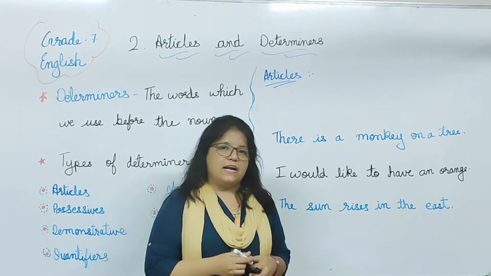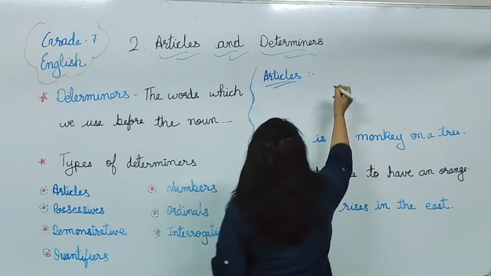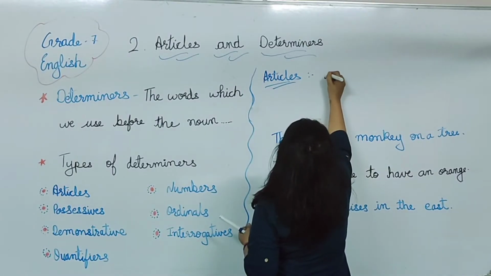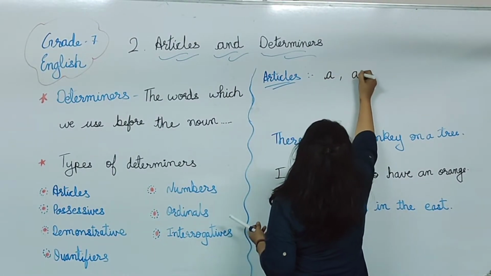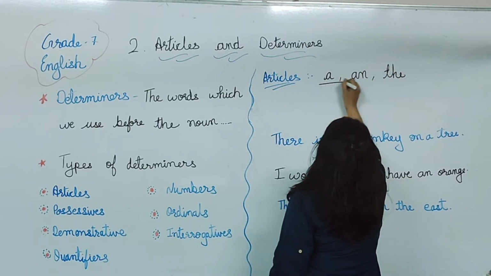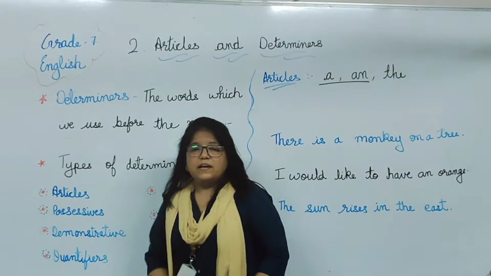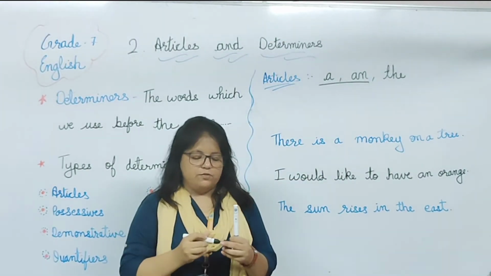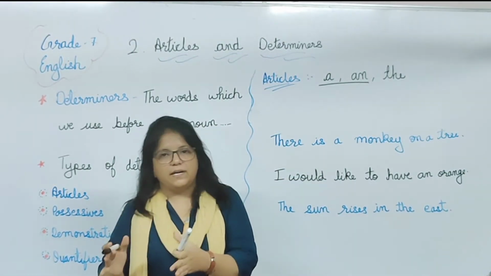We all know that three articles are there that we use before the noun, that is a, an and the. Among these, a and an are indefinite articles, whereas the is a definite article.